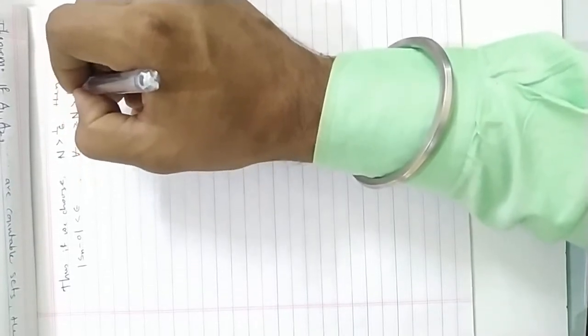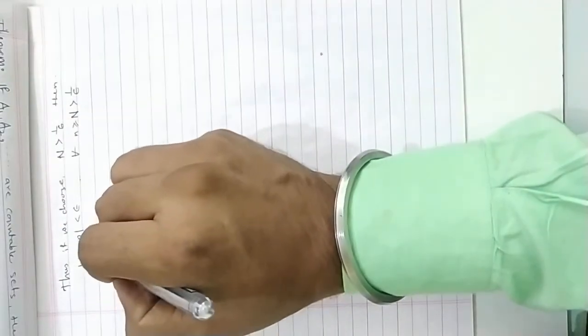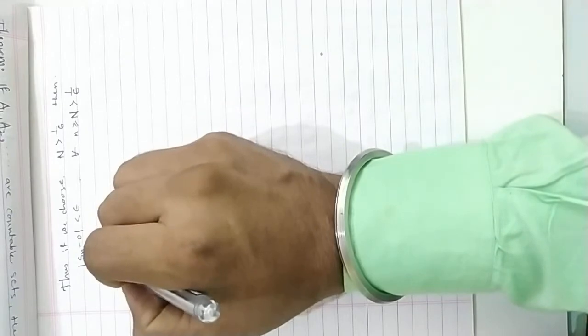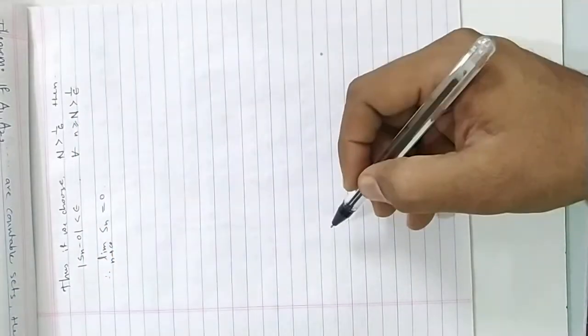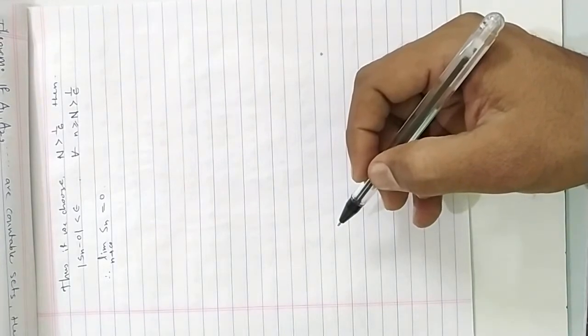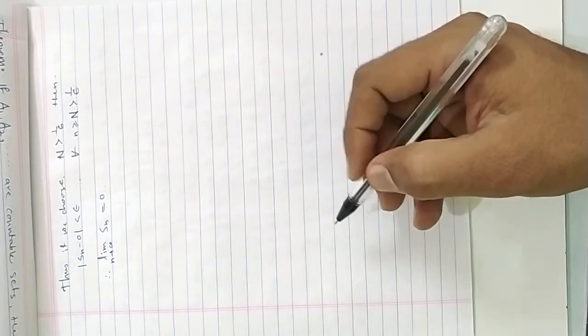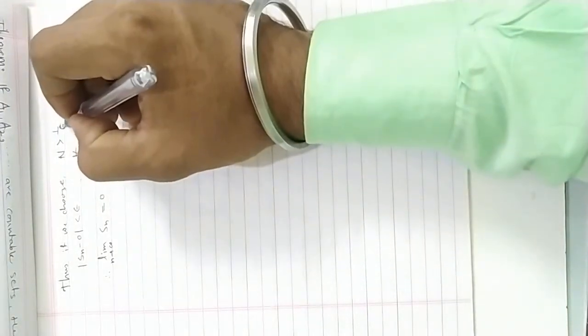It has to be greater than 1/epsilon. And we can say that the limit of Sn as n tends to infinity is equal to 0. Right? So we have to choose the value of large N, which is to be greater than 1/epsilon.